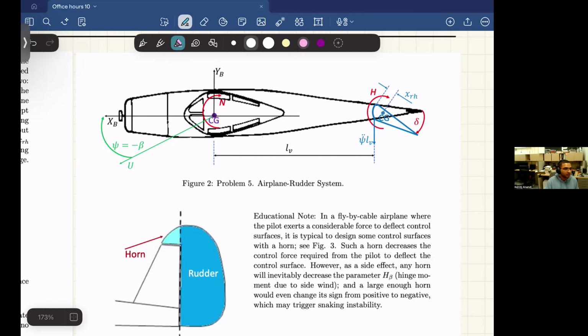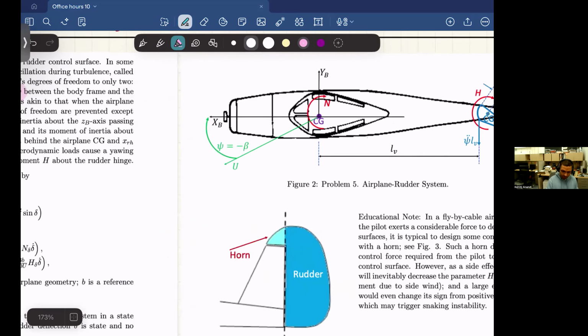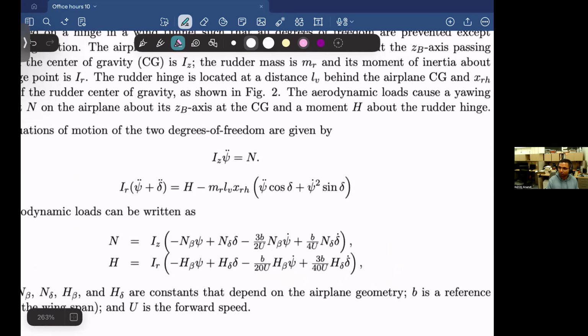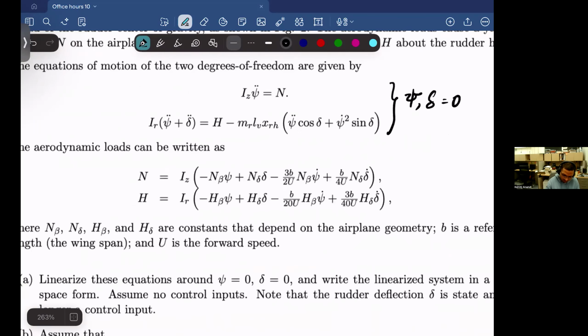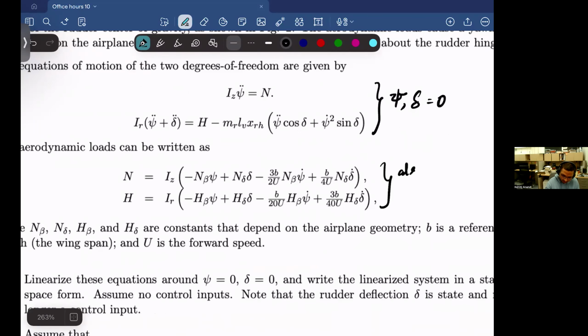So how are we going to linearize? That's not something very difficult. You already have the equations of motion here, and you are going to linearize them about psi and delta equal to 0, making some small angle approximation. These are anyways already linearized, if you recall that the equations of motion we derived are already linearized.